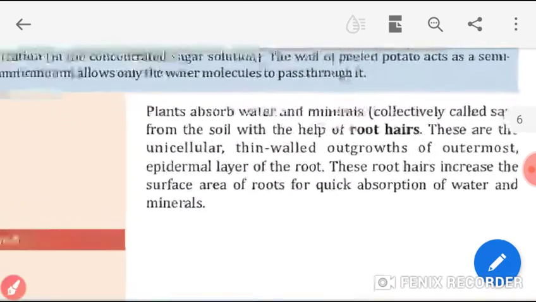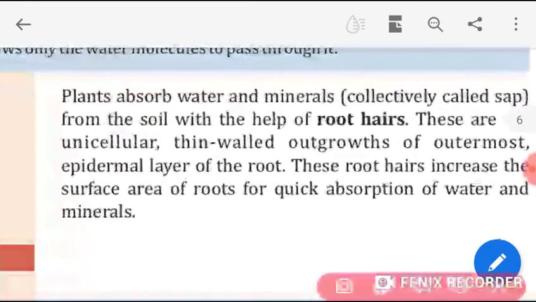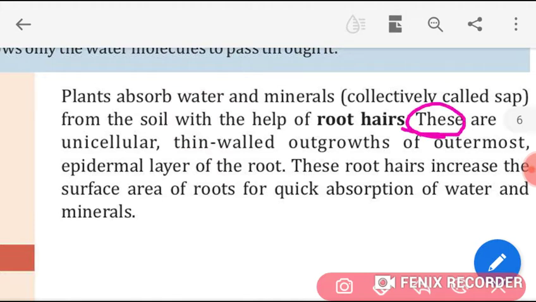Page number 6, last paragraph, 2nd line. Here, students, cut these and write root hairs.